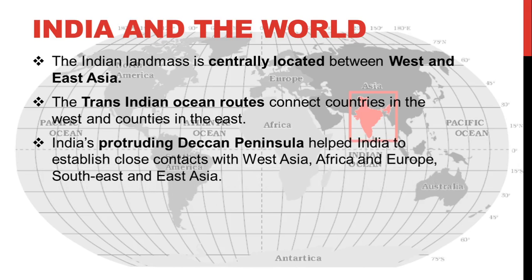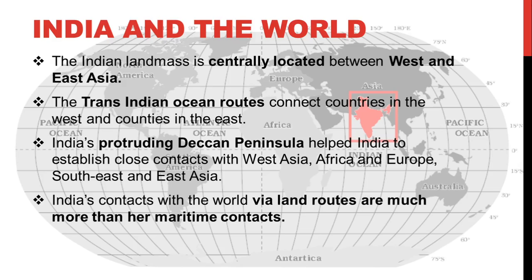India's Deccan Peninsula helped India to establish close contact with West Asia, Africa and Europe, Southeast and East Asia. India's contact with the world via land routes is much more than her maritime contact.